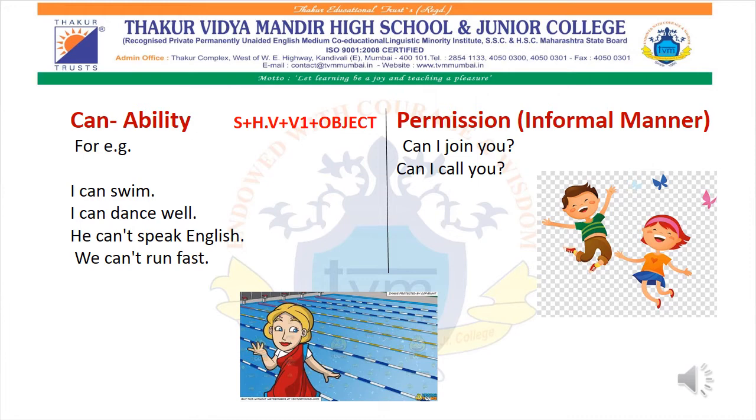That will be the structure of the sentence: subject plus helping verb plus not plus V1 form. Remember, V1 form is used with modal auxiliary words, plus object. So you can use can in any sentence if you want to tell the ability of the person opposite you or about yourself, or if you want to ask permission, but that permission should be in an informal manner.